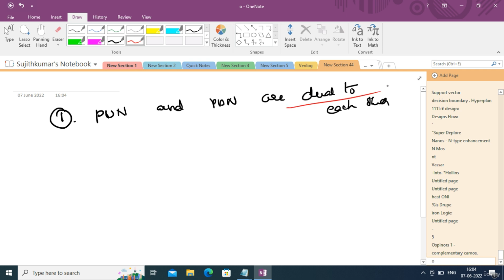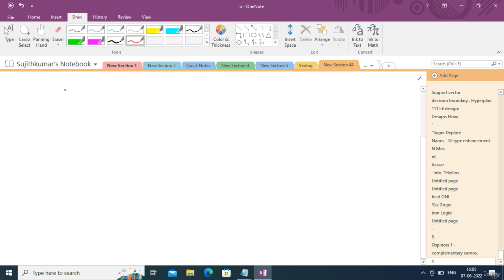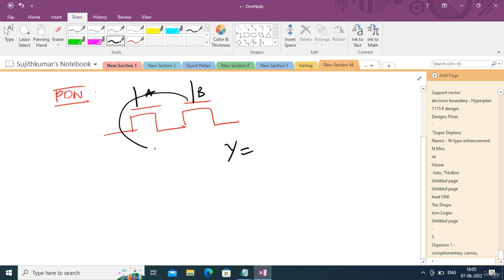I'll explain in a while, don't worry, it is simple to understand. Now if I take a pull-down network, and draw two transistors in series, and let us make one control signal A and another control signal B, the combined logic of these two transistors can be given as AND, A and B.